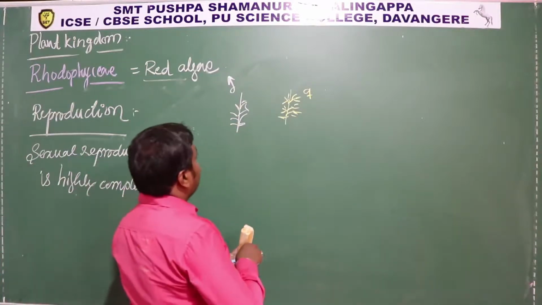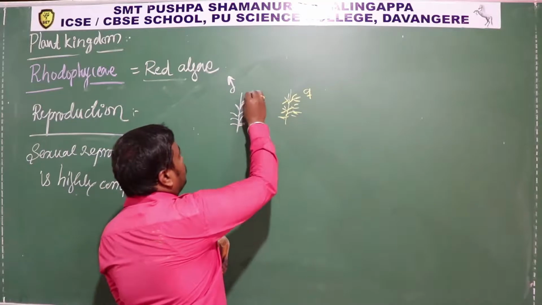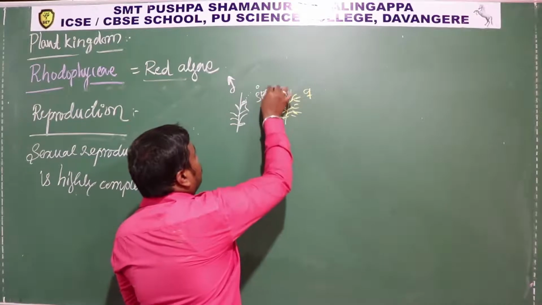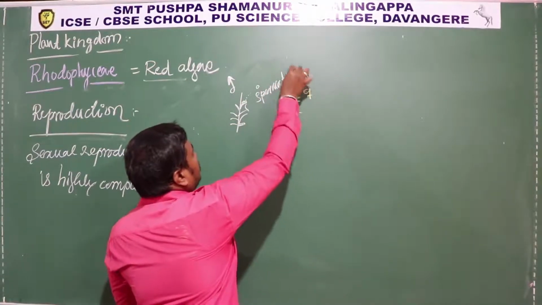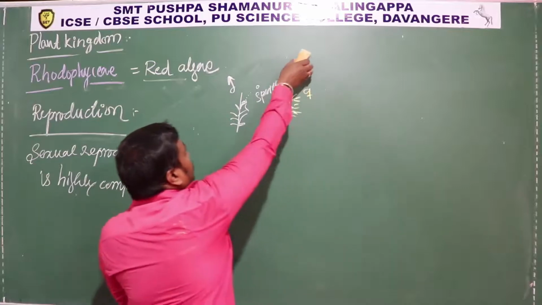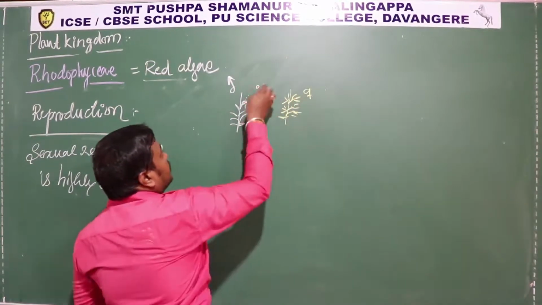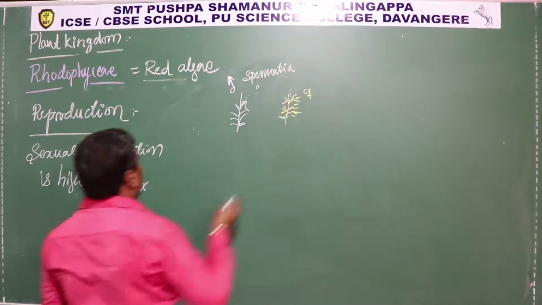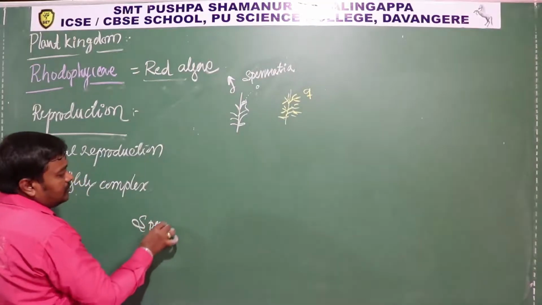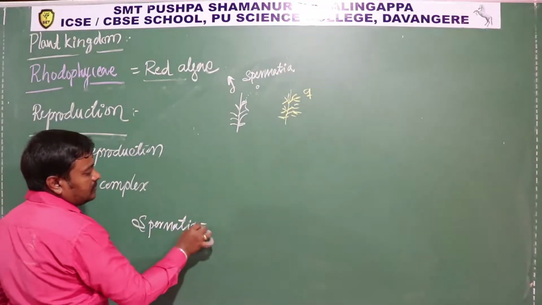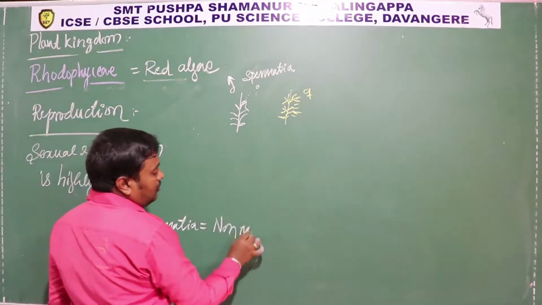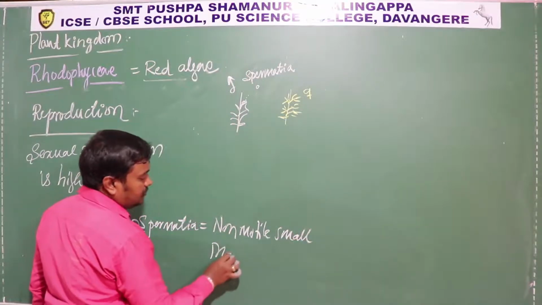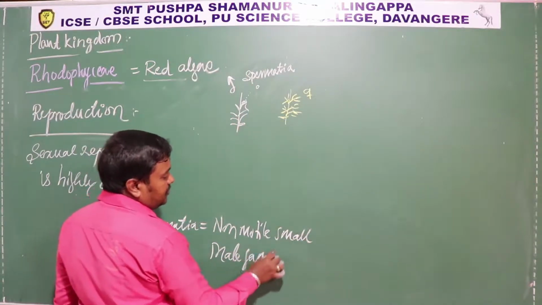Here the antheridia, like a branch, produces non-motile gametes called spermatia. So this is spermatia. Spermatia means a non-motile, small male gamete.